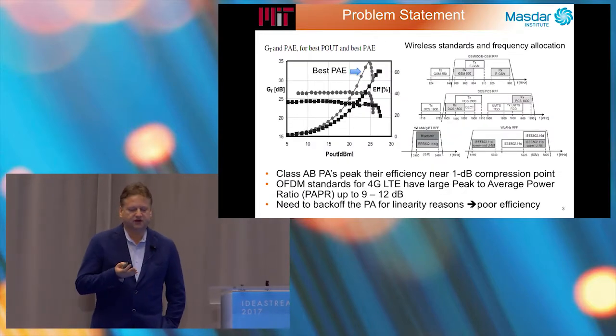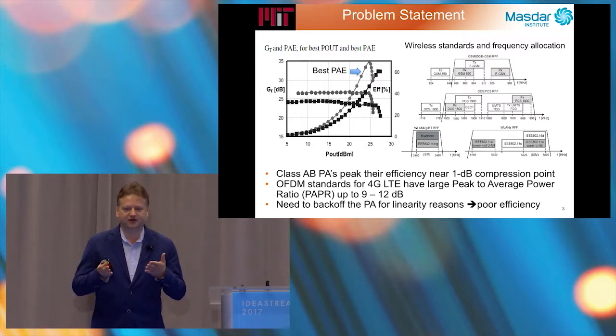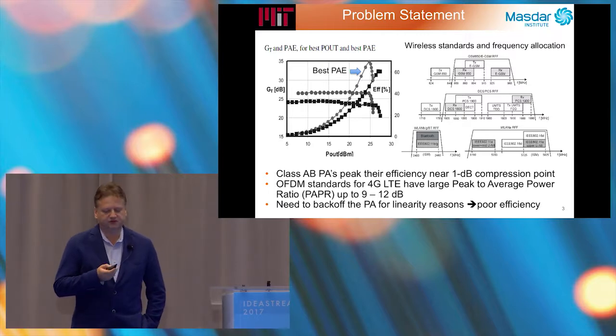Moreover, if we look at the wireless standards, we are facing a proliferation of these standards with different frequency allocation bands and different modulation formats. Most of the time, we need to use Class AB amplifiers, which peak their efficiency near the 1 dB compression point.